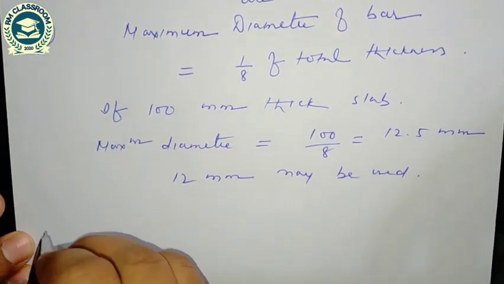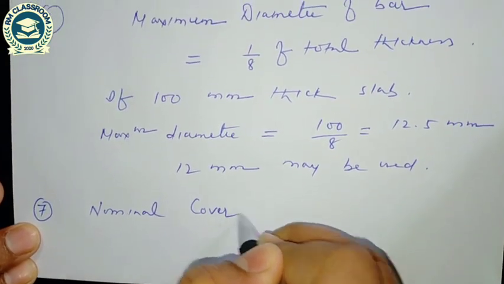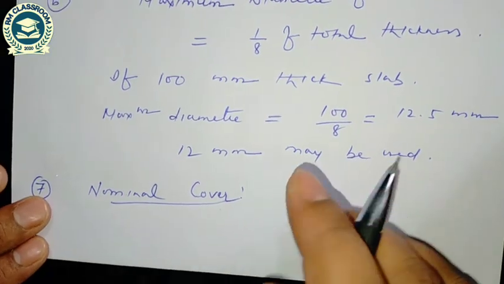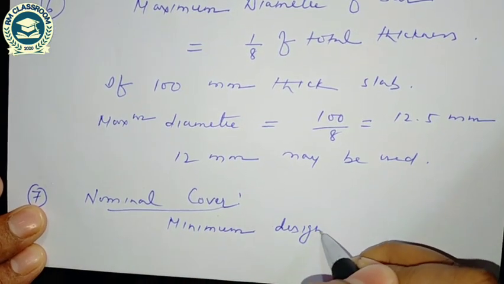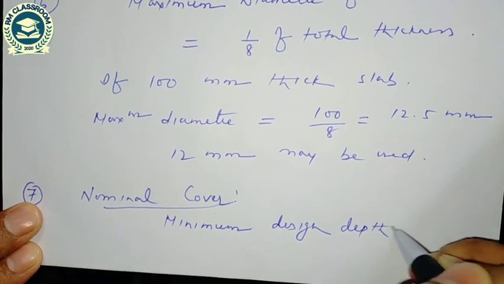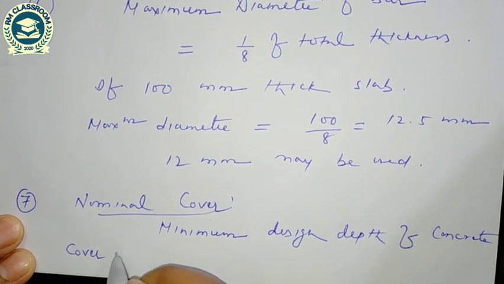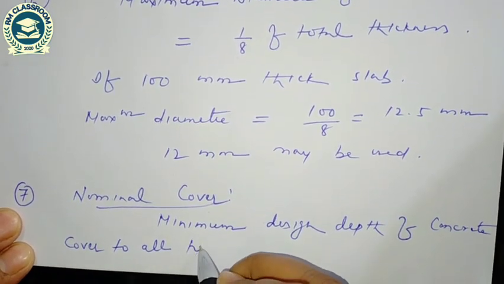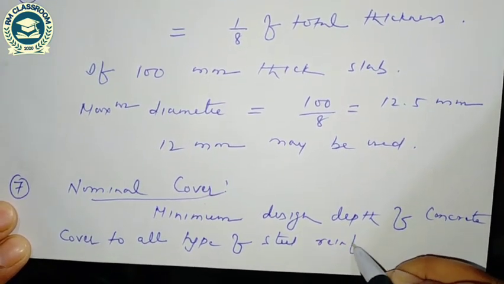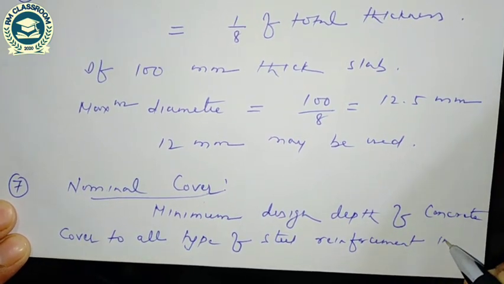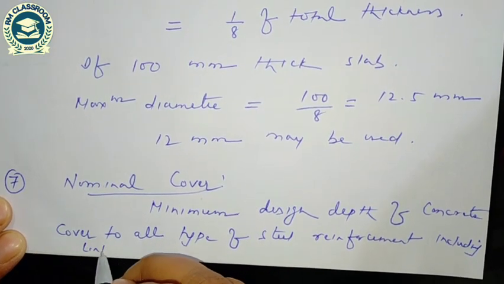Nominal cover is another very important topic. Nominal cover is the design depth of concrete cover to all types of steel reinforcement, including links.